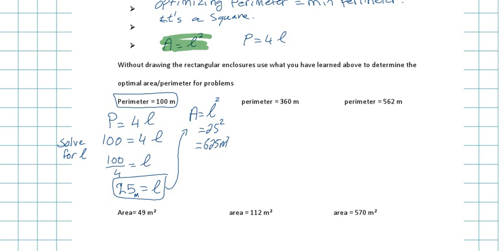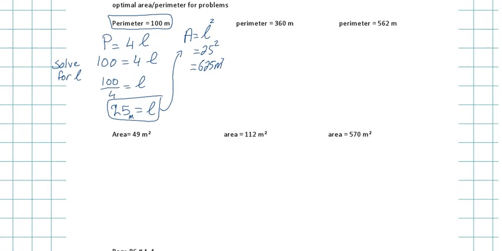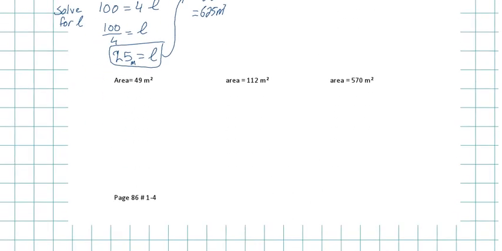Now, what if I'm given an area of 49 meters squared? What do I have to do? Start with the area. So what's the formula for the area? A is equal to L squared, equal to 49. So I can replace the A with 49. Now, how would I solve for L given 49 equals L squared? Square root.